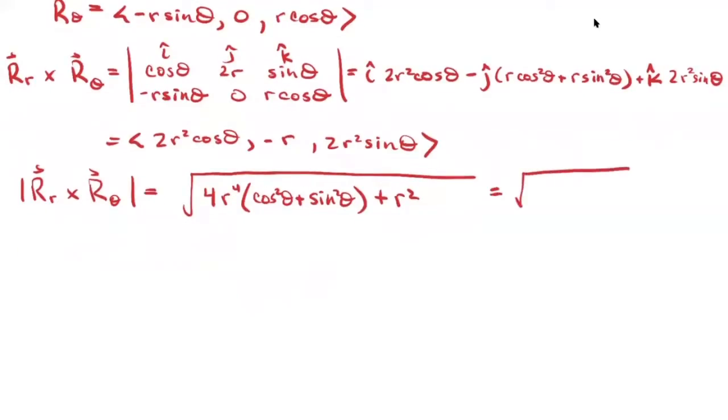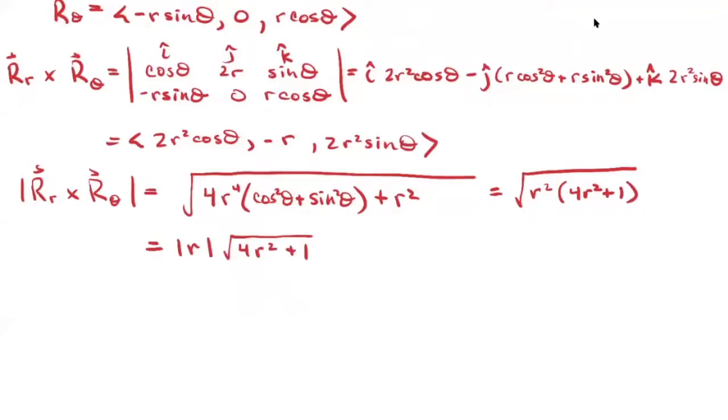Okay, so I guess we could factor that. So you'd have an r squared here. Actually, let's do it. So there's an r squared, and then there'll be a 4r squared plus 1. Like that. And the point is to factor that. So when you bring in the square root of a square, that's absolute value. So technically, you'd say absolute value of r times the square root of 4r squared plus 1.